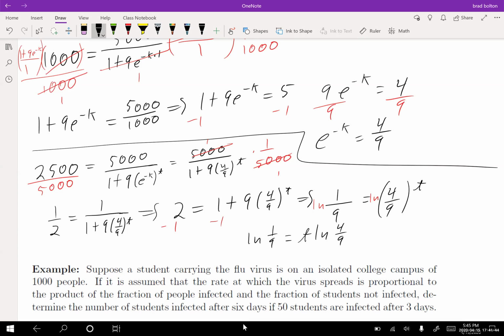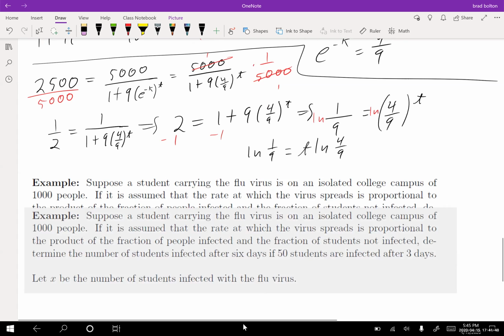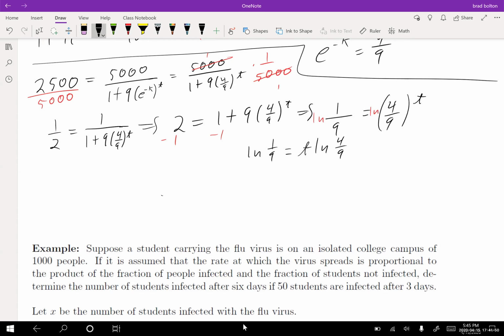Because we want to get the t by itself. Now we have to divide both sides by the natural log of 4 over 9. Definitely a long problem. So t equals the natural log of 1 over 9 divided by the natural log of 4 over 9. So let's see what that is in terms of weeks.